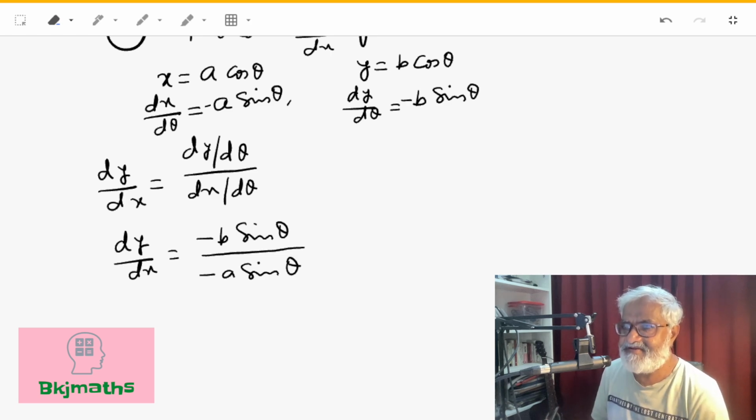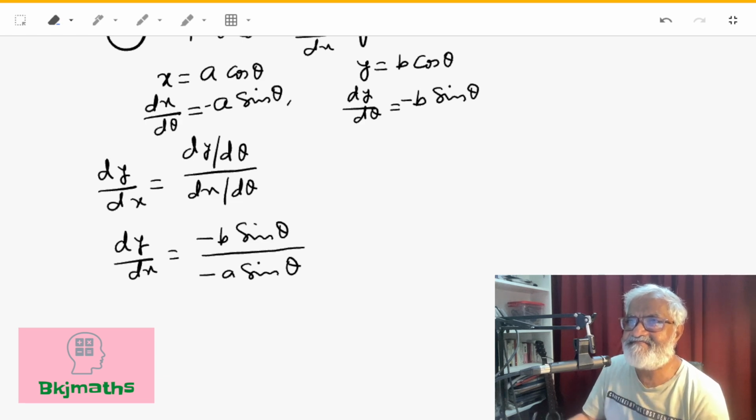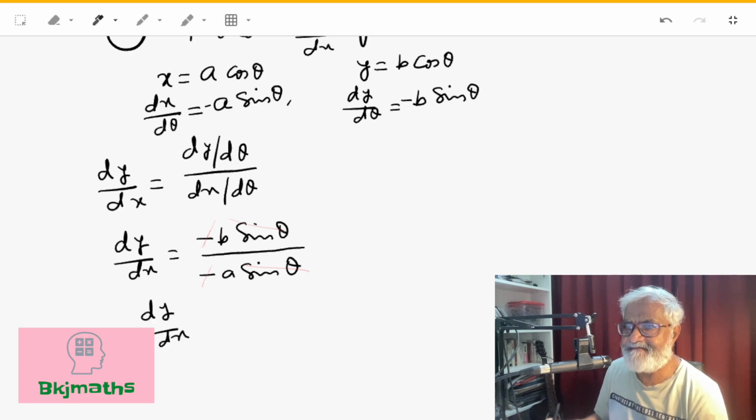Solve: minus minus cancel, and sin theta cancel. So dy by dx is b by a. This is the answer.